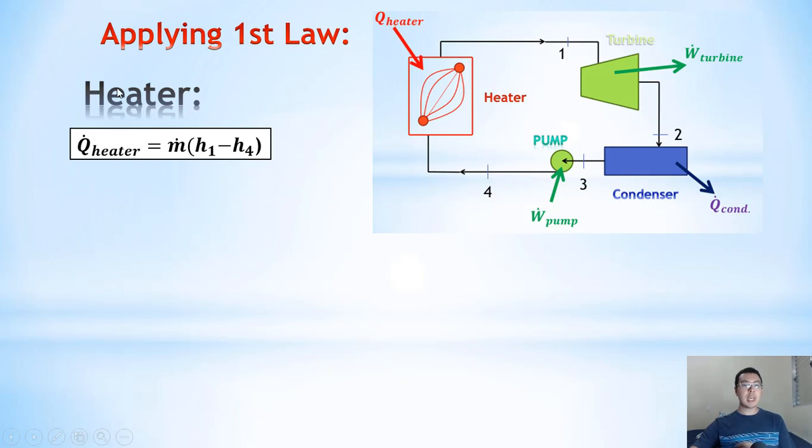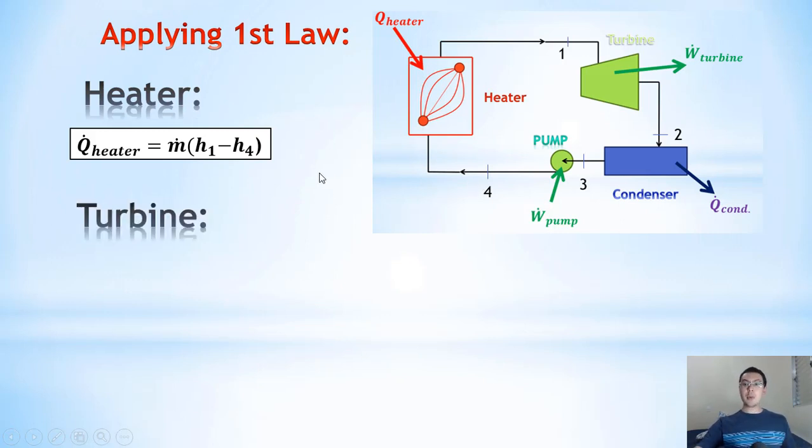I put it here in red. So if we apply the first law here, the heat input at the heater will be the mass flow rate, the amount of mass that passes here in a certain period of time, multiplied by the difference between enthalpy at point 1 and point 4.